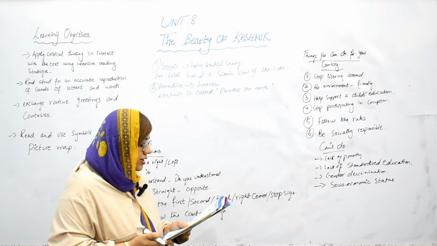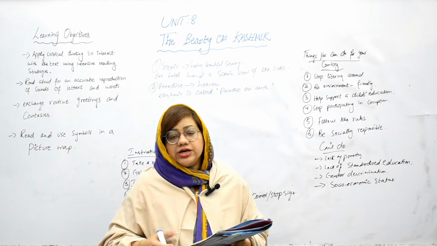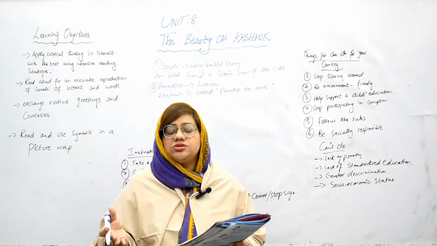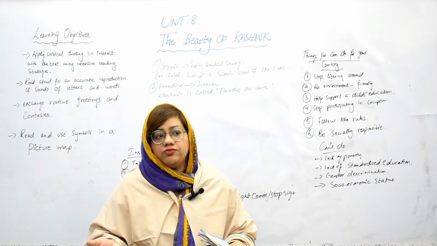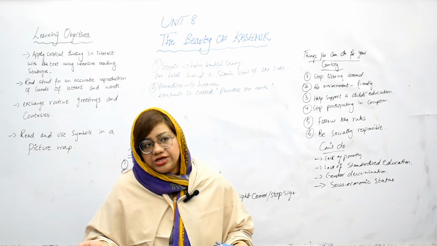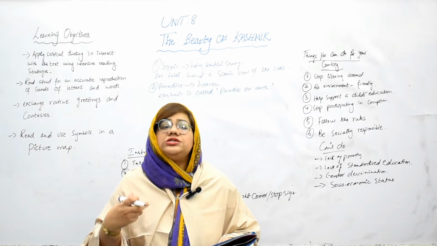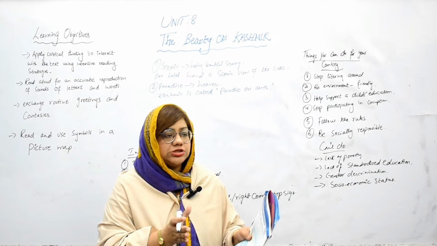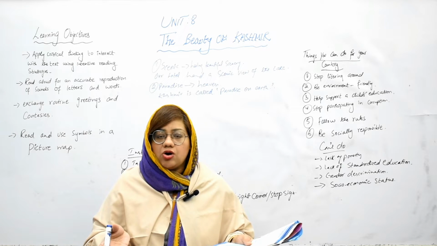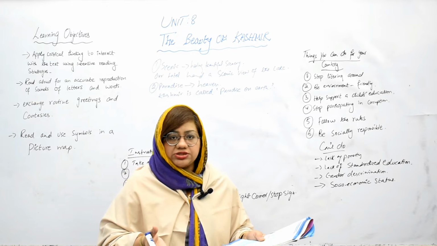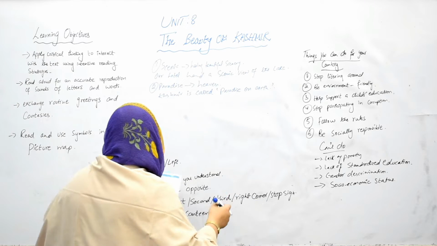Number 3, culture. Cultures are the customs and traditions of any particular group. For example, in our Pakistani culture, we have different cultures: Punjabi culture, Sindhi culture, Pashto culture. There are some unique characteristics that a particular group has, obviously having the same characteristics that they adopted. So how can we use this?